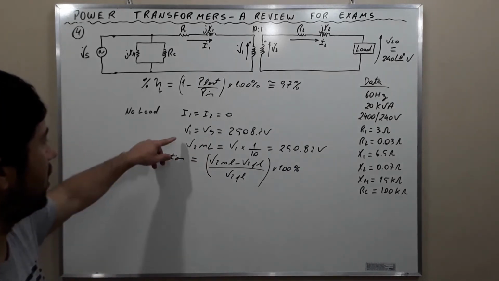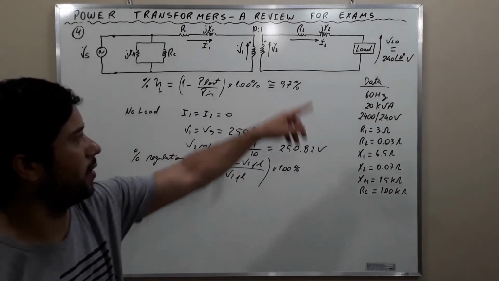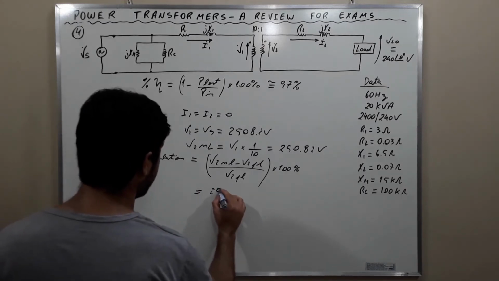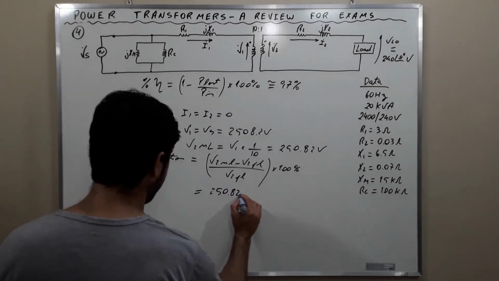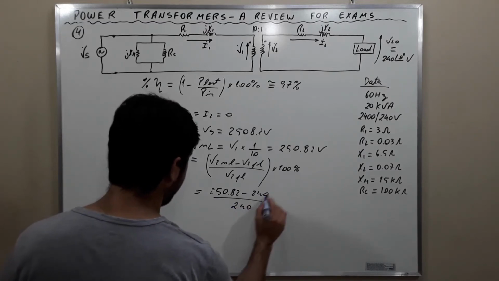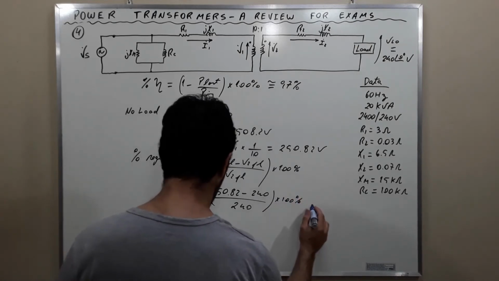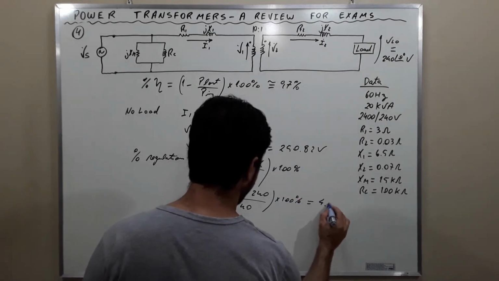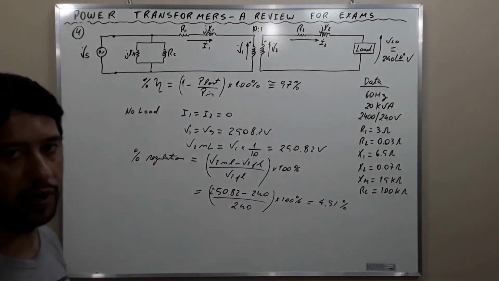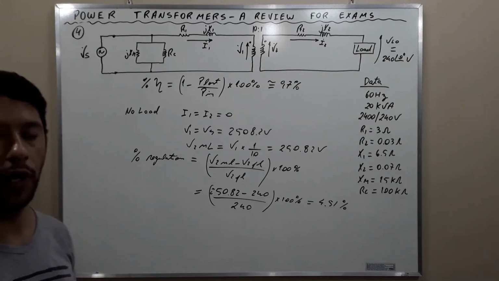Simply using these values here, it is 250.82 minus 240 divided by 240 times 100%, and this is 4.51%, okay? This is the percentage regulation of this transformer, and it is all for exercise 4.